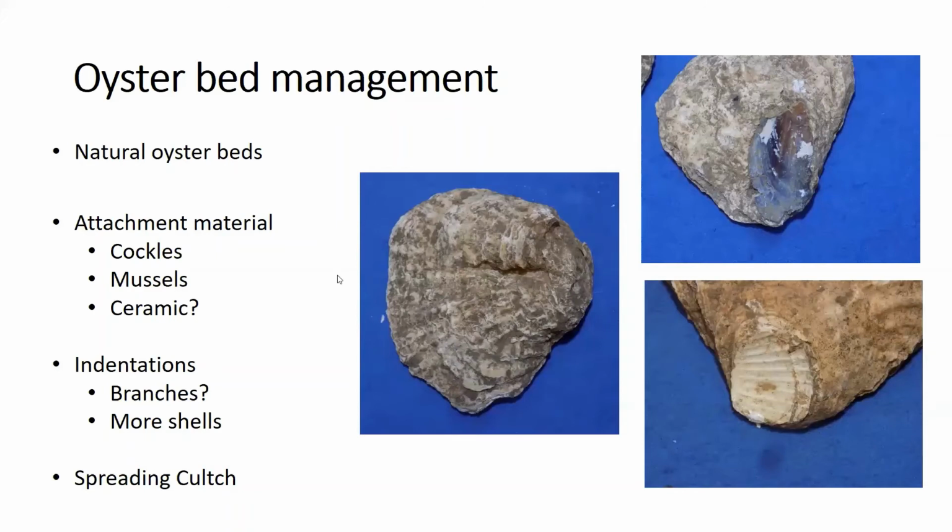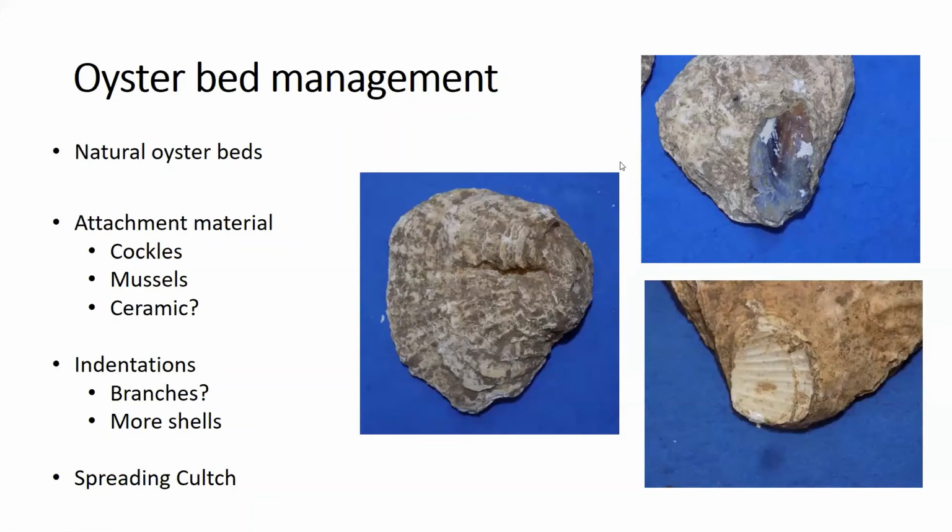Also, some of the shells had strange indentations in them. So you can see in this shell here, it's got a sort of groove running down the center of the shell. And that's because the shell has obviously been growing around something. It looks like it's been growing around maybe a branch or a twig or something. And what this is possibly evidence for is the fact that the Romans are modifying the shell beds.